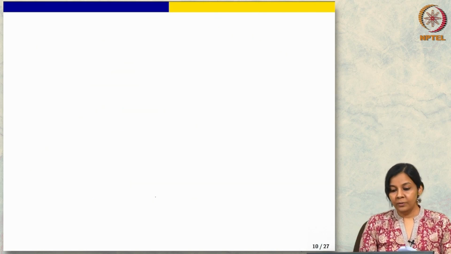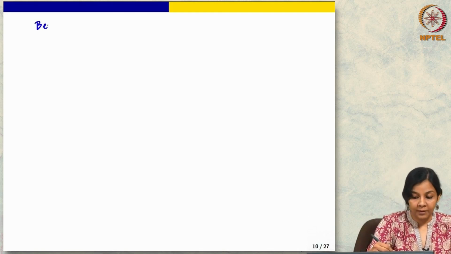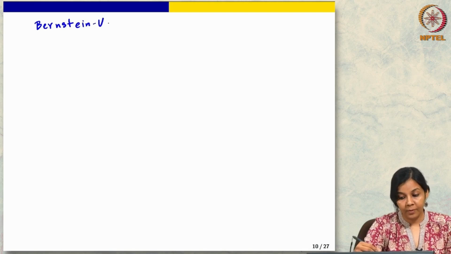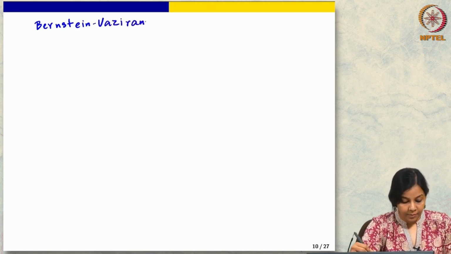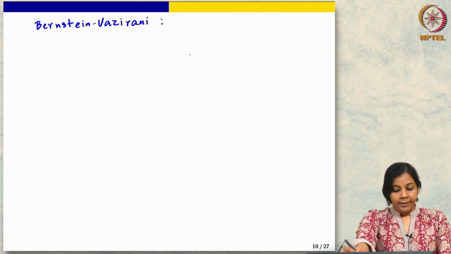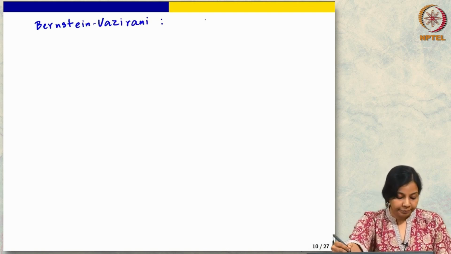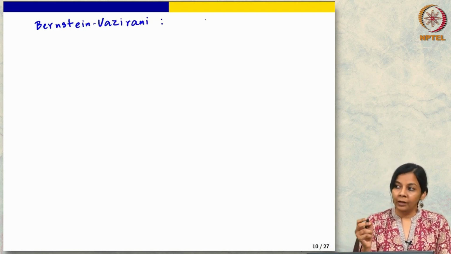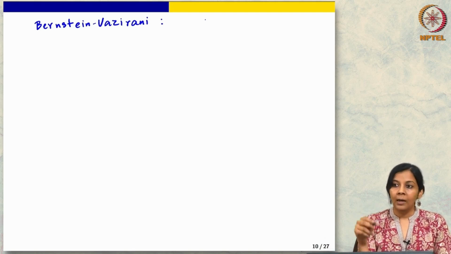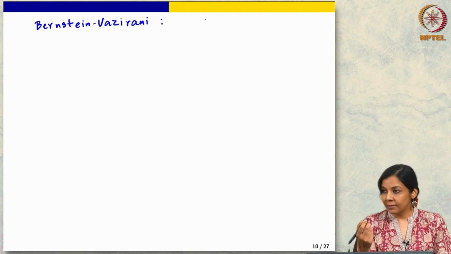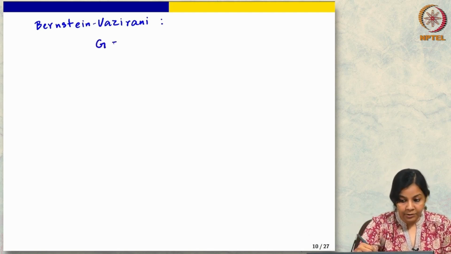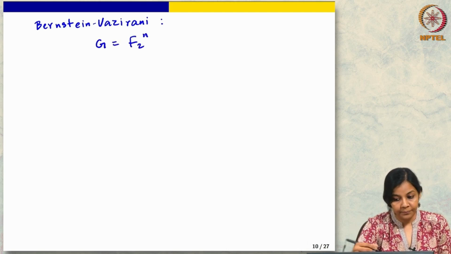So, now what about the next one? Bernstein-Vazirani. So, remember here, you had the function as x inner product S mod 2 and you wanted to recover S, right. So, here again G is F2 to the n.